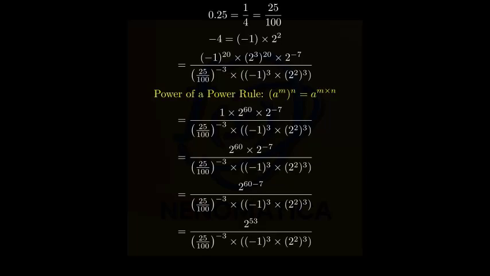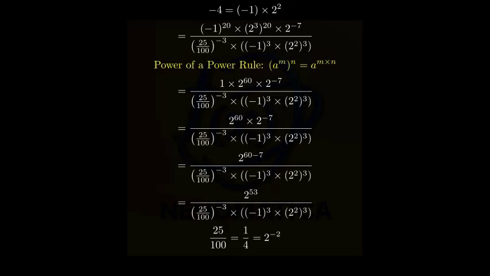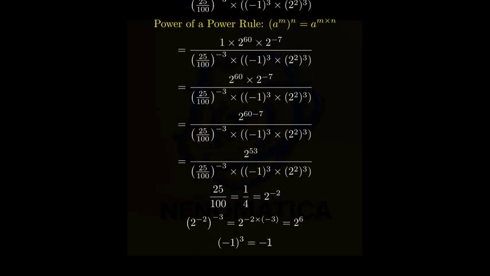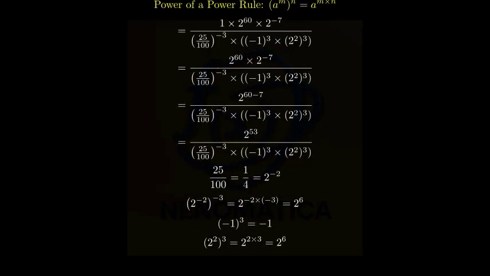Now, let's work on simplifying the denominator. First, 25 over 100 equals 1/4, or 2 to the negative 2nd power. So, 1/4 raised to the power of negative 3 equals 4 cubed, or 2 to the power of 6. Negative 1 cubed equals negative 1. And 2 squared, all cubed, equals 2 to the power of 6.